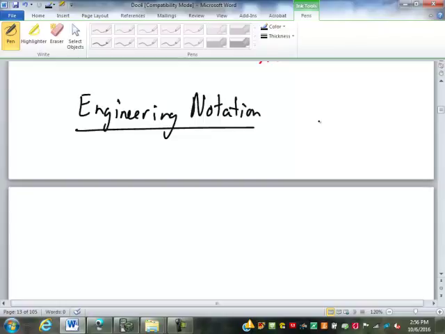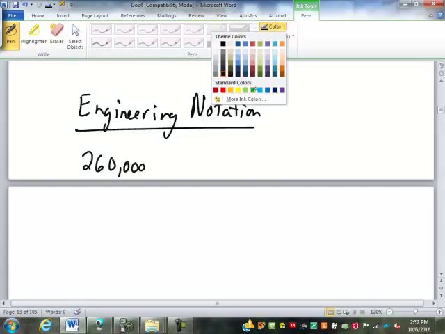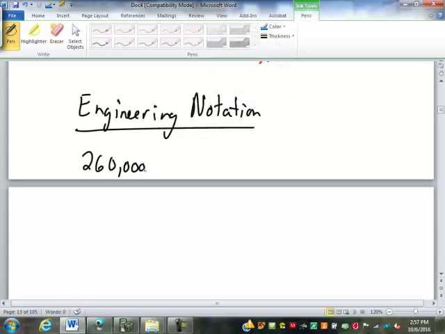So we don't have that restriction. But our powers of 10 are limited to multiples of 3. So like 0, 3, 6, 9, 12, negative 3, negative 6, negative 9, and so on. So what that means is if I have something like 260,000, and I want to put that in engineering notation, we have to move the decimal point 3 spots at a time.